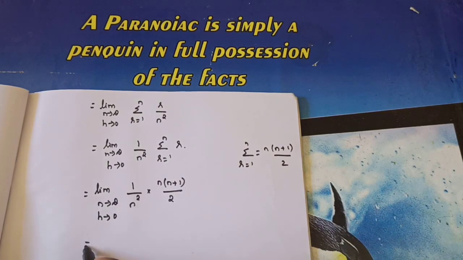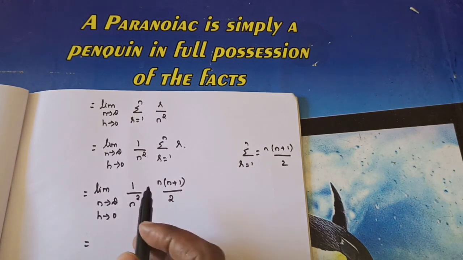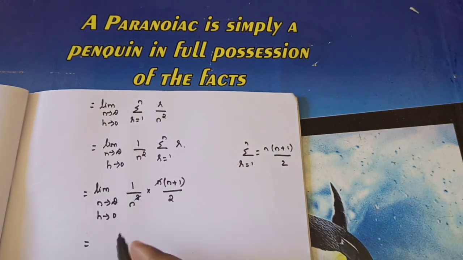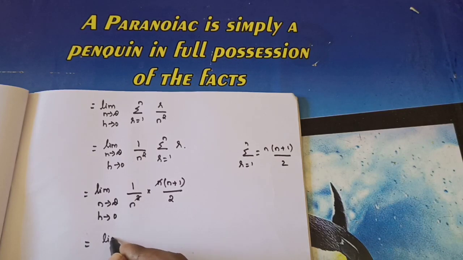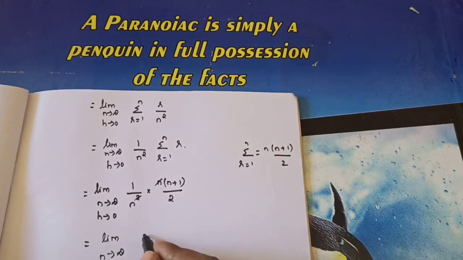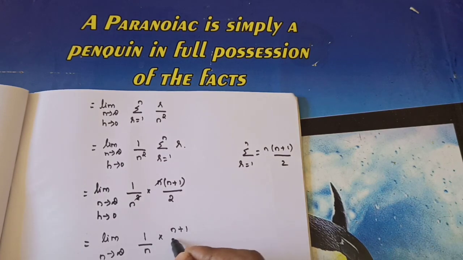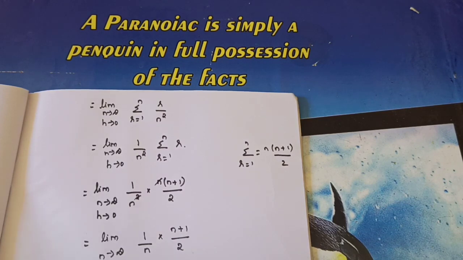Okay. So now that's equal to, if you cancel here, n square and one n term will go, is it right? So what's the balance you will obtain? So limit n tends to infinity, h tends to 0, 1 by n into n plus 1 by 2. Correct? Okay. Now we will apply the limit.